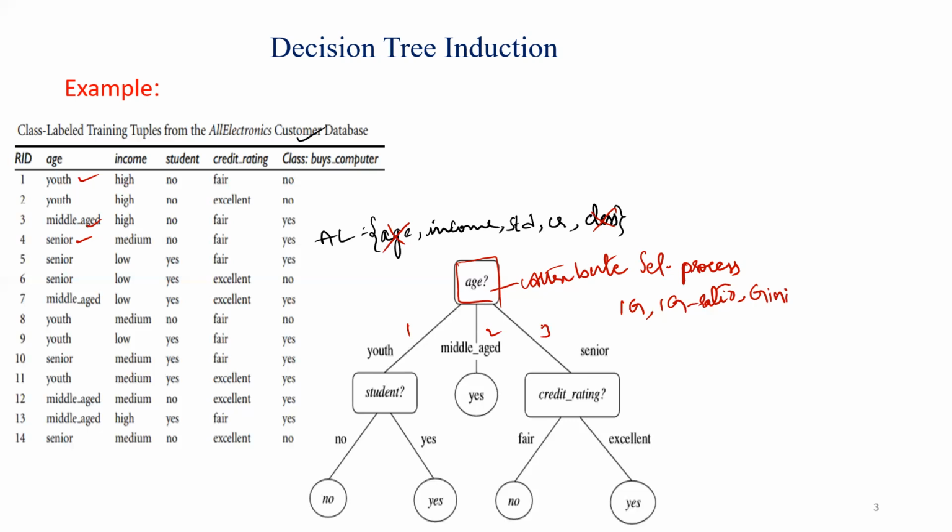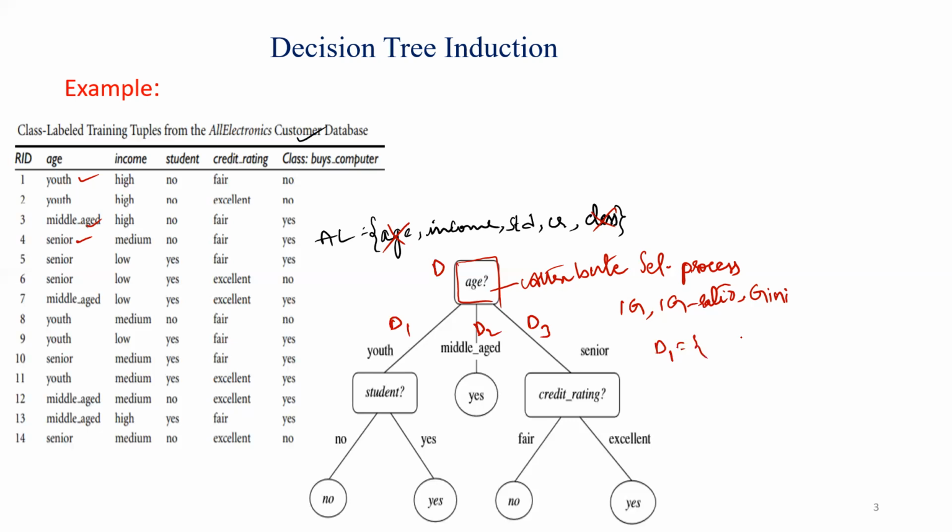Initially, this is the training data set D, and it is now going to be divided into three parts: D1, D2, and D3, where D1 consists of all the tuples whose age value is youth. Similarly, D2 consists of all the tuples whose age value is middle-aged, and D3 consists of all the tuples whose age value is senior.